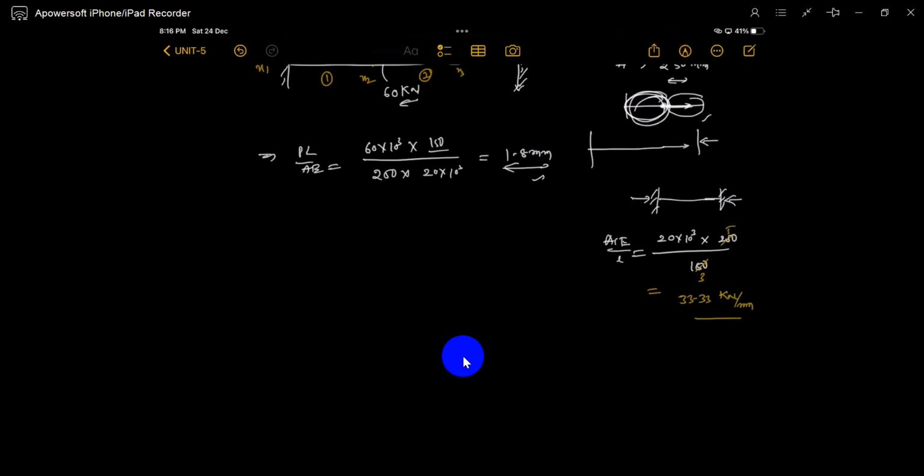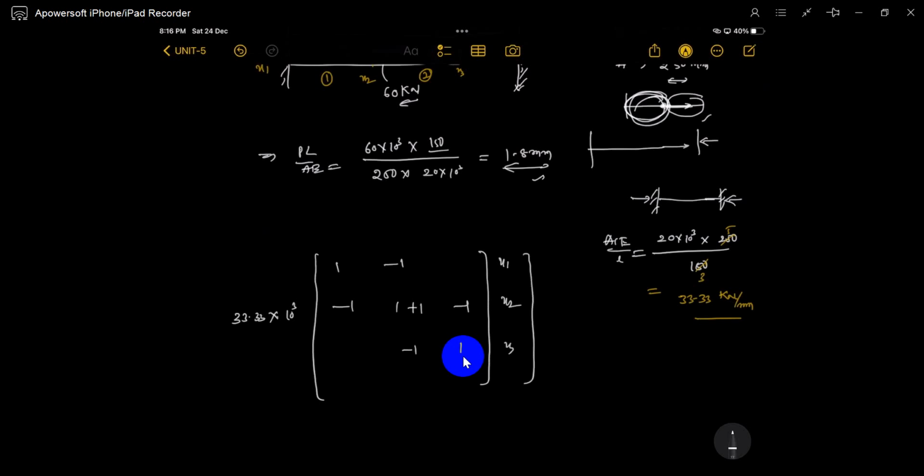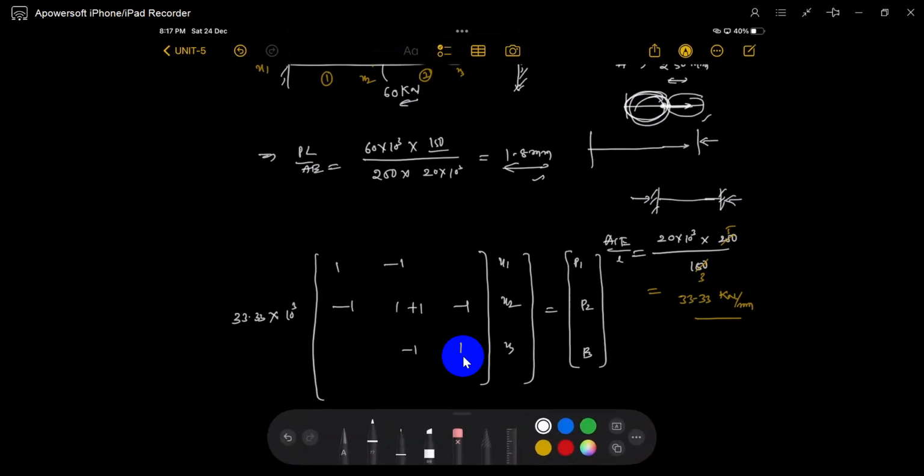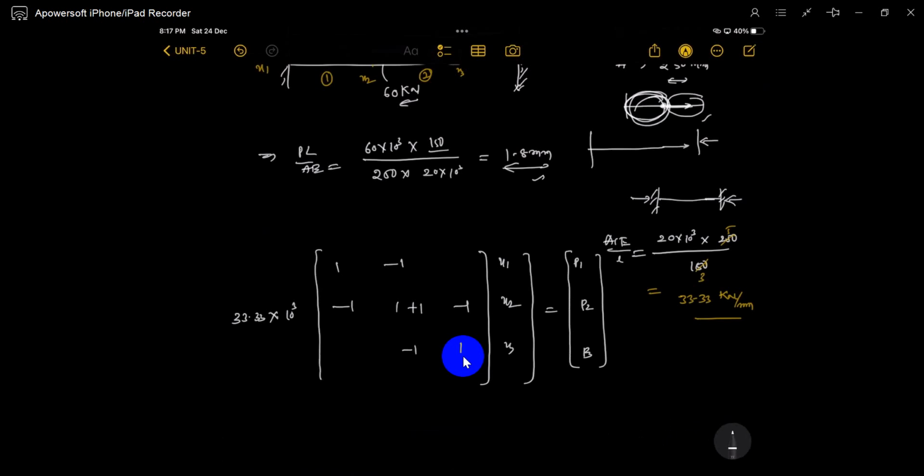Now I will directly write the global elements: 33.33 into 10 cube times the matrix 1, minus 1, 0; minus 1, 1 plus 1, minus 1; 0, minus 1, 1, times u1, u2, u3, is equal to p1, p2, p3. Understood? Because elements 1 and 2 have the same AE by L.